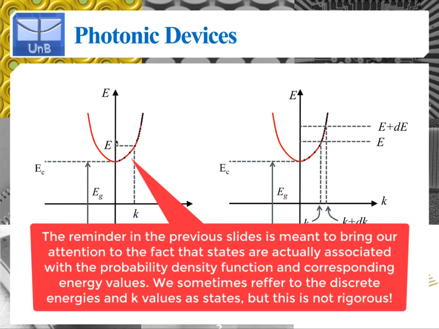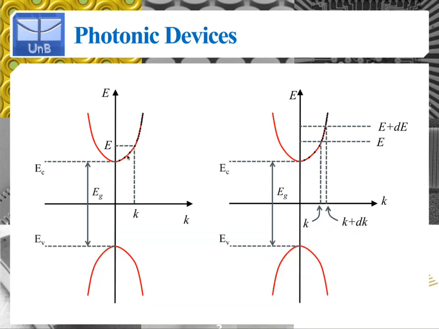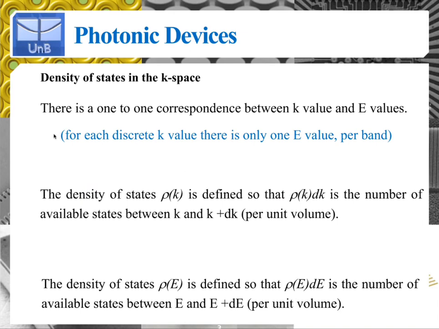Also, this is of course not to scale. You would have many more states than are illustrated here. This is only for illustrative purposes. So there is a one-to-one correspondence between the k values and the energy values, the wave vector values and the energy values in the band structure.